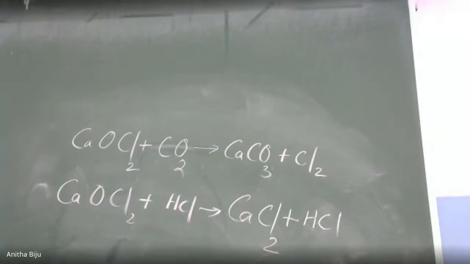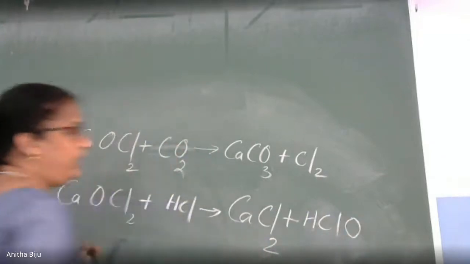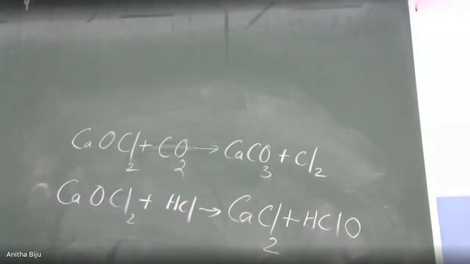So we can write it like this. It is called hypochlorous acid, HOCl. CaOCl2 plus HCl, we get this. These are the products obtained.